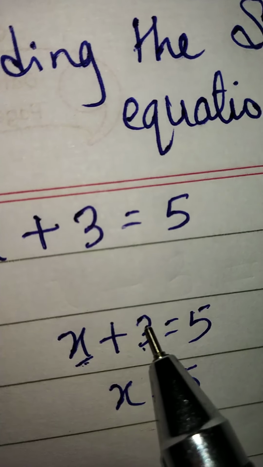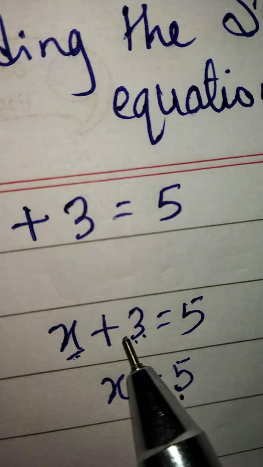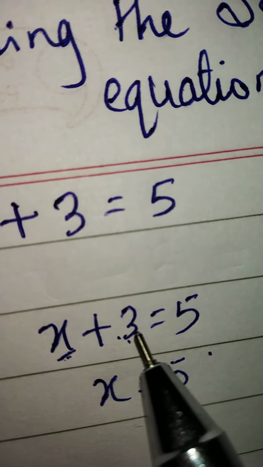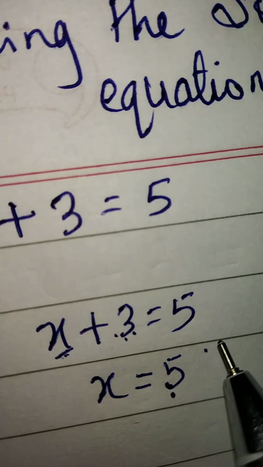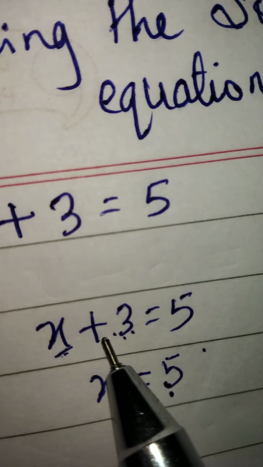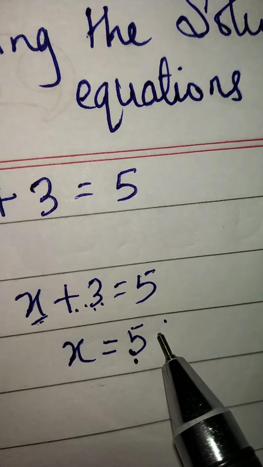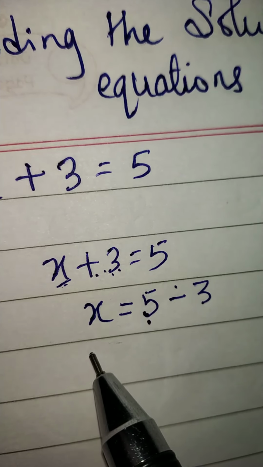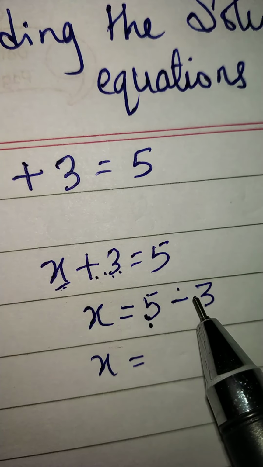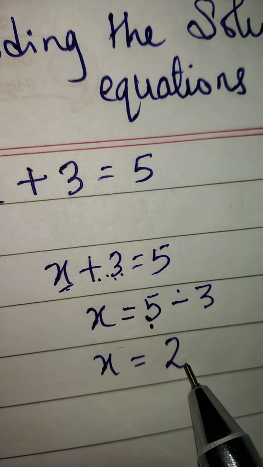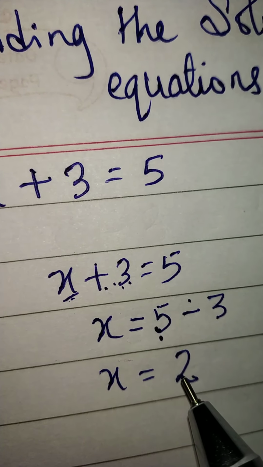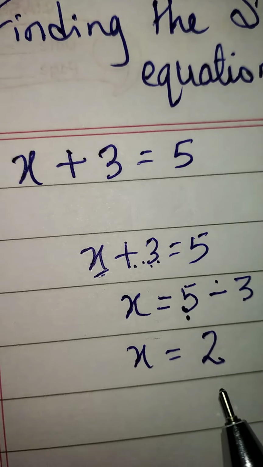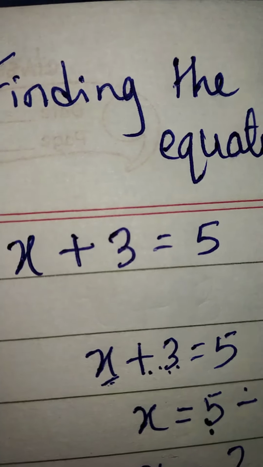And this plus 3 is on the left hand side. Now we are taking it to the right hand side. That means we are changing the side of 3 from left hand side to the right hand side. So it's positive over here. So plus will change into minus when it changes its side. Alright. So now x is equal to 5 minus 3, which is 2. So here the value of x is 2. Is it clear? That means with 3, 2 should be added to get 5.